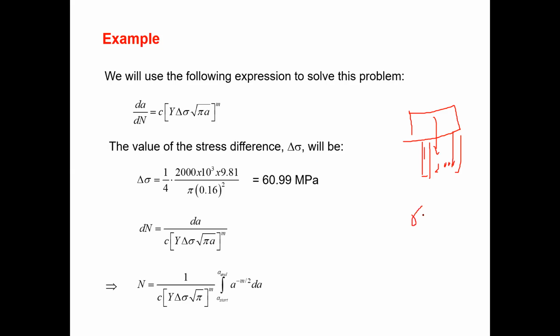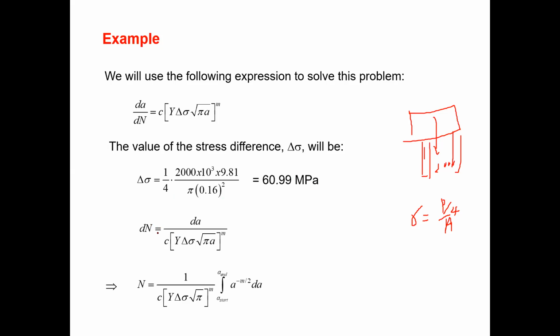When you find the stress for an axial load, it is P divided by A. But here, if you need to calculate the stress for one rod, then even though there is a P load, you need to divide by 4. That is because there are 4 rods. They already mentioned each rod carries an equal load. They are going to share. So that's why 1 upon 4 here. So now you can calculate the stress range for the particular rod.